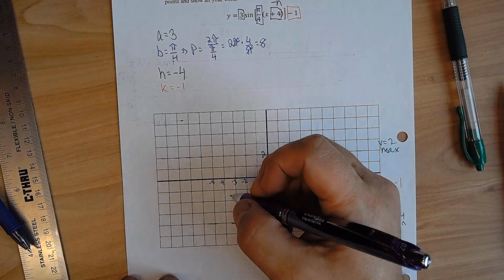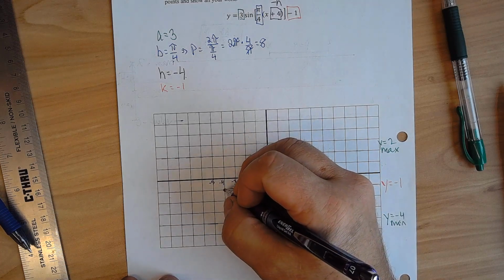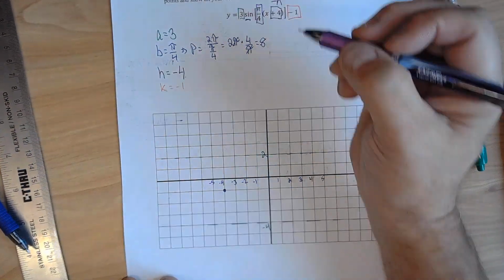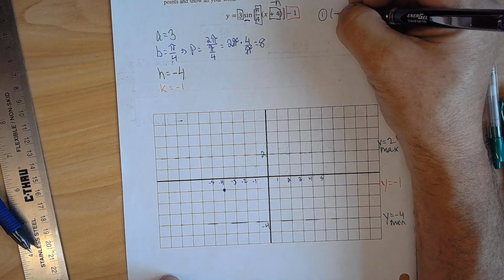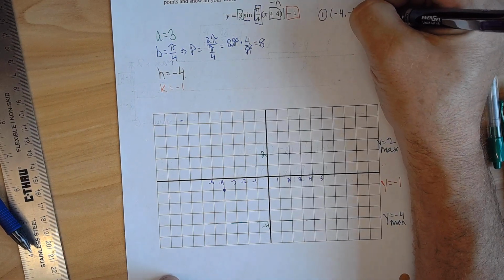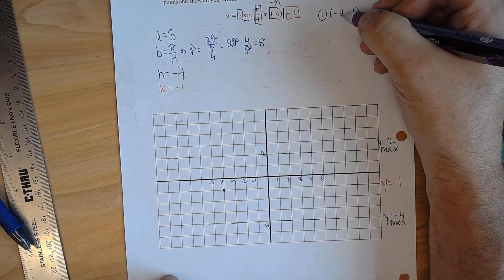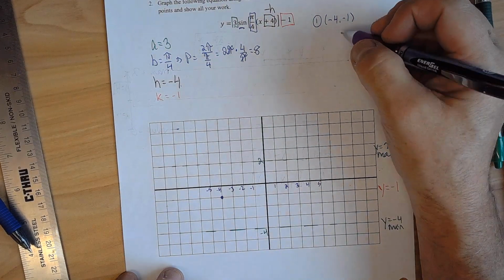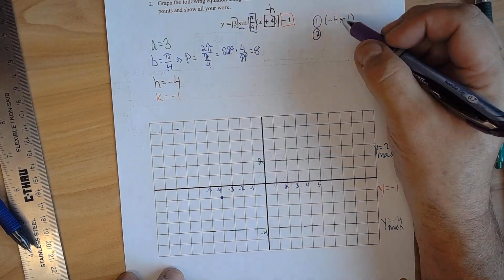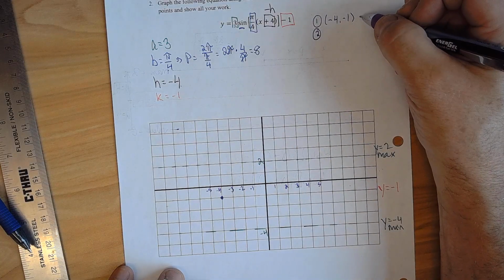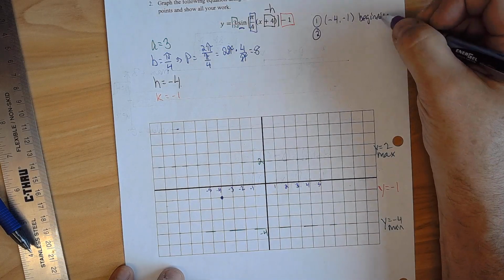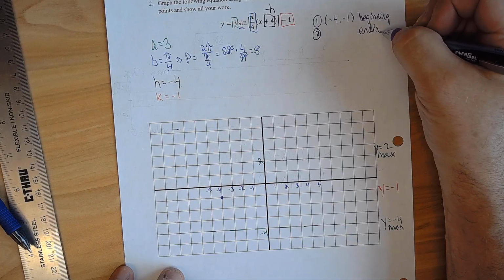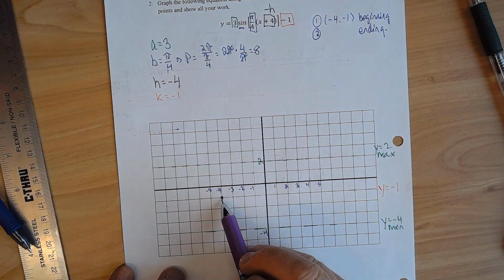Now my starting value is right here on the center line because this is a sine graph. That's my first point, -4, -1. On the center line, 4 to the left. My second point is at the very end of the cycle. So this is beginning, and this is ending. So I'm going to count over by 8.